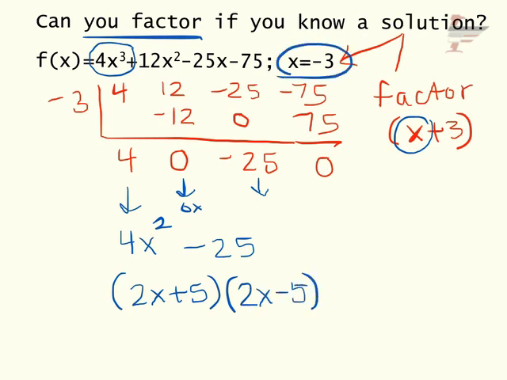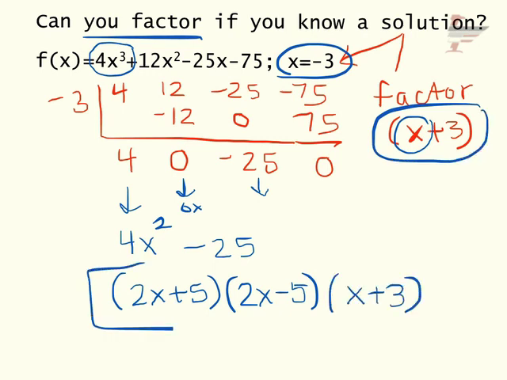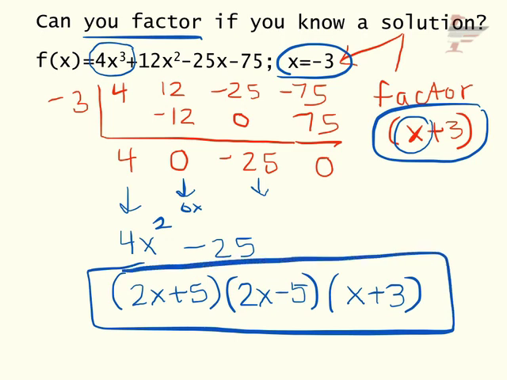And I know that if this is a solution, then this is a factor, so x plus 3 is included, and I certainly can factor that. What's cool about this is you're going to run into problems that don't factor by grouping. I'm going to give you a solution that will work, hence you know a factor, and you're going to use that to get down to a quadratic, and I promise you that if I want you to factor it, I'll make it factorable. And these 3, if you FOILed them out, you would get this cubic function back again.